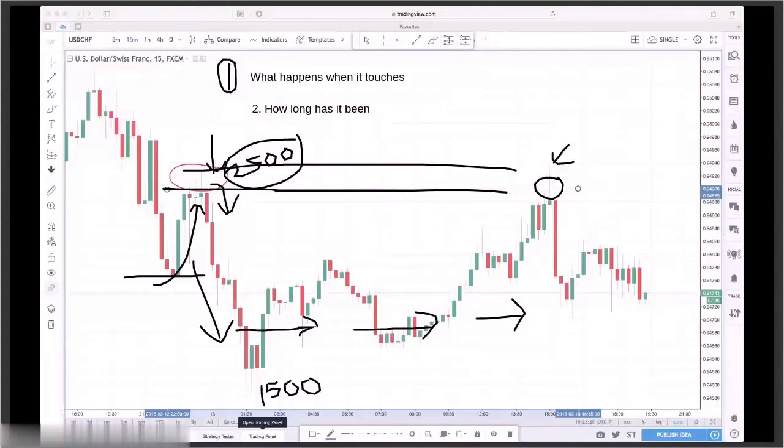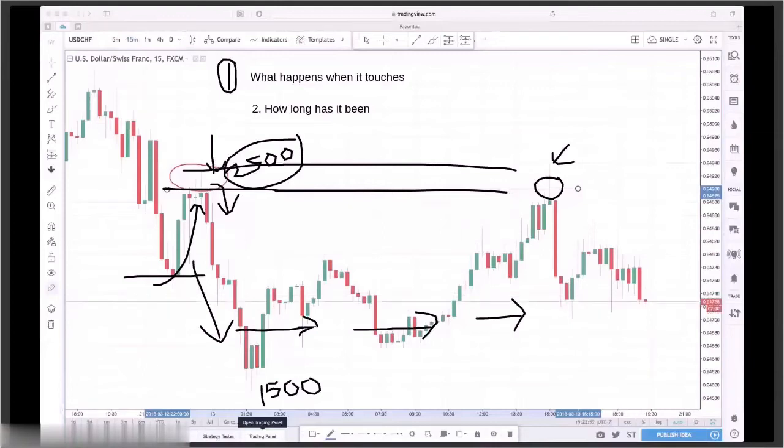You want to keep the logic in place: why should it turn from there? Why does it have to turn? It cannot be so technical that you forget why the markets actually work. So stay away from just following A plus B plus C and go into why it must do something. You will trade a lot better, I promise you that.